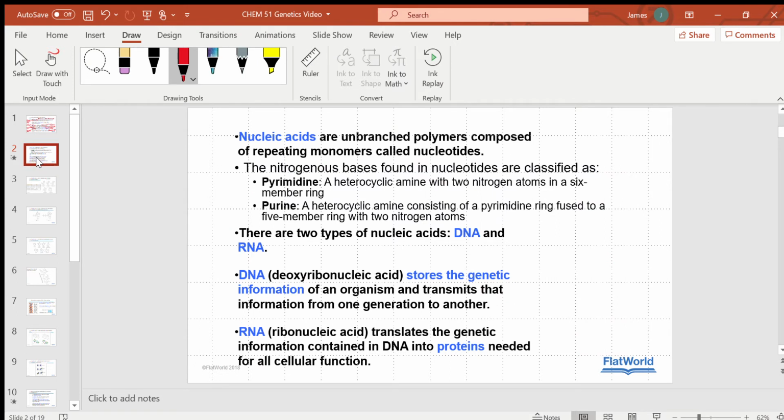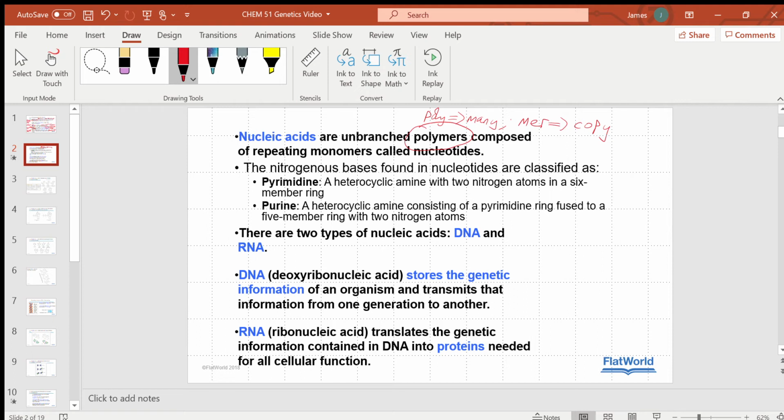Nucleic acids are unbranched polymers. Remember from our organic chemistry video, a polymer, poly just means many, and mer just means copy. So a polymer is a large molecule that has many repeating copies of a simple structure. So essentially, a polymer is a wall and the many copies of the bricks.